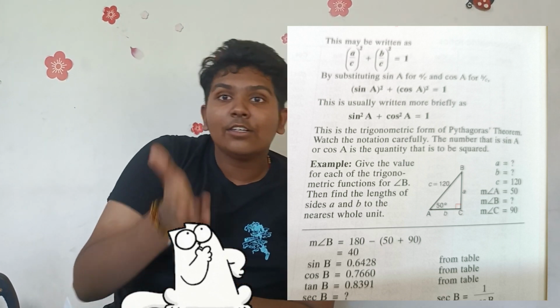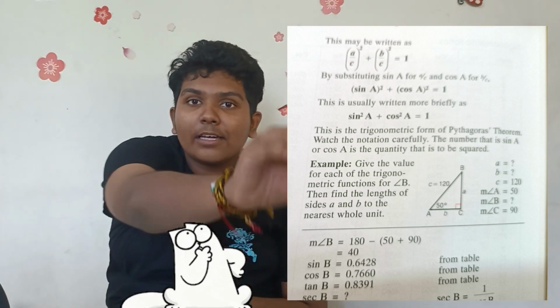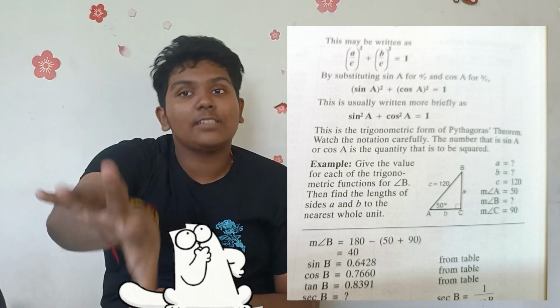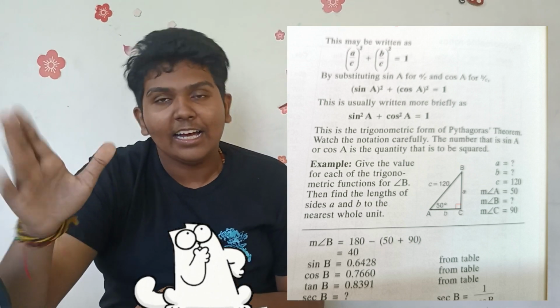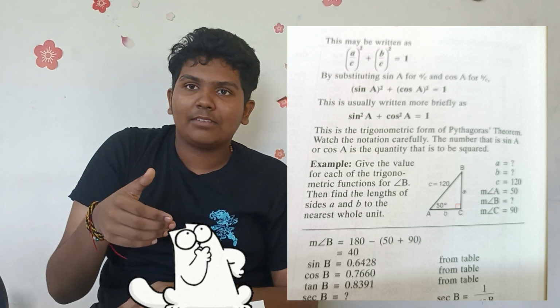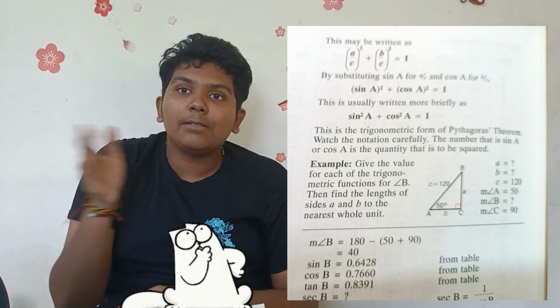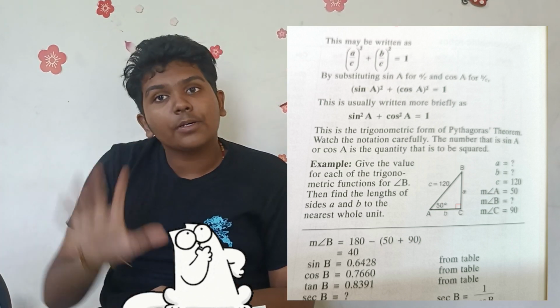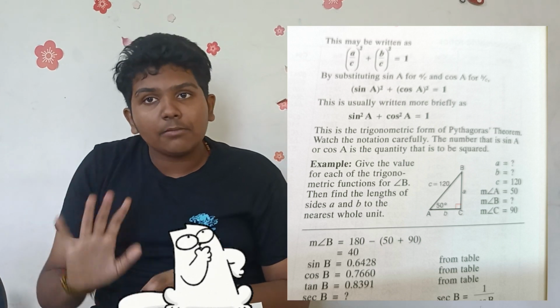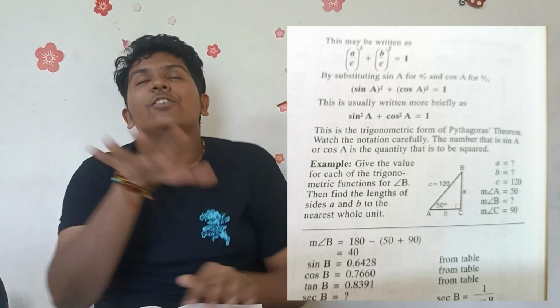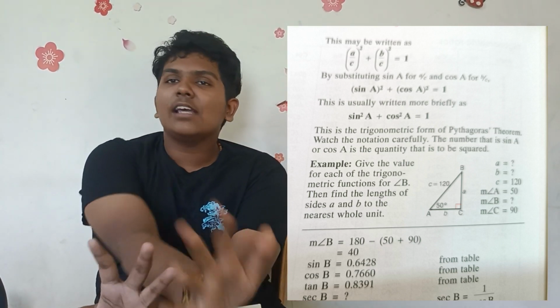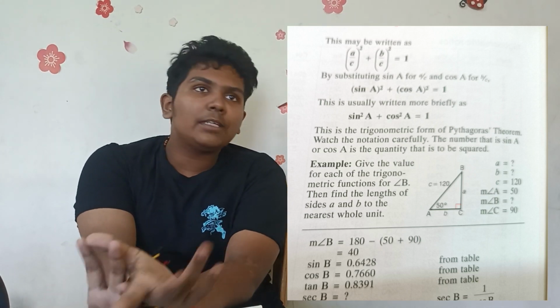So a square by c square plus b square by c square is equal to 1. But now put the squares up. A square by c square is equal to a by c whole square. Same with the other one, b by c whole square. So now you found this a by c and b by c.